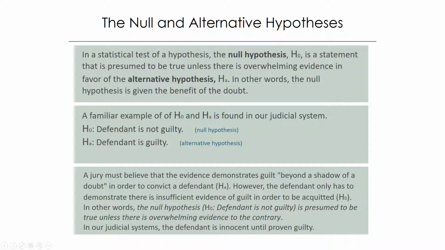However, the defendant only has to demonstrate that there is insufficient evidence of guilt in order to be acquitted, which is H0, that the defendant is not guilty. In other words, the null hypothesis, H0, the defendant is not guilty, is presumed to be true unless there's overwhelming evidence to the contrary. In our judicial systems, the defendant is innocent until proven guilty.